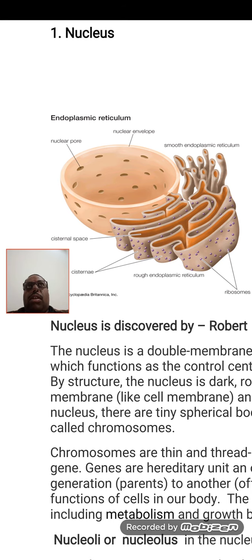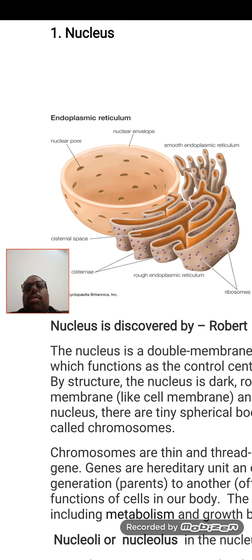Because it has many condensed areas of genetic material. We will study later how they are condensed and what they are. Because of that, it is a very dark structure under the microscope.